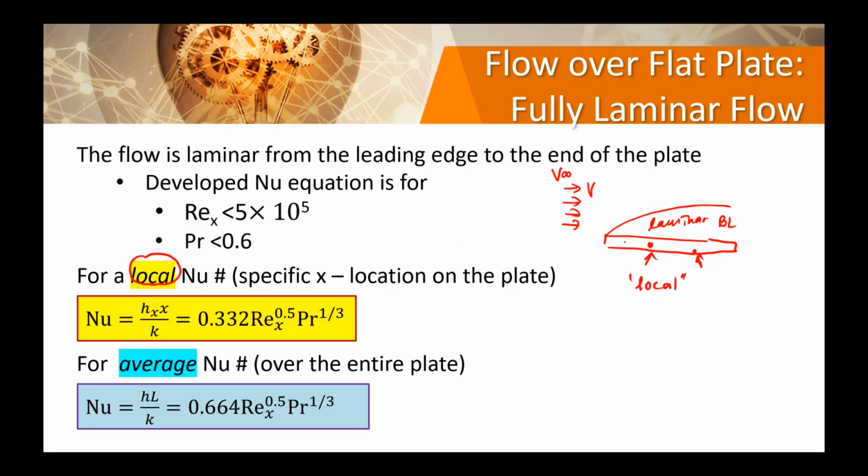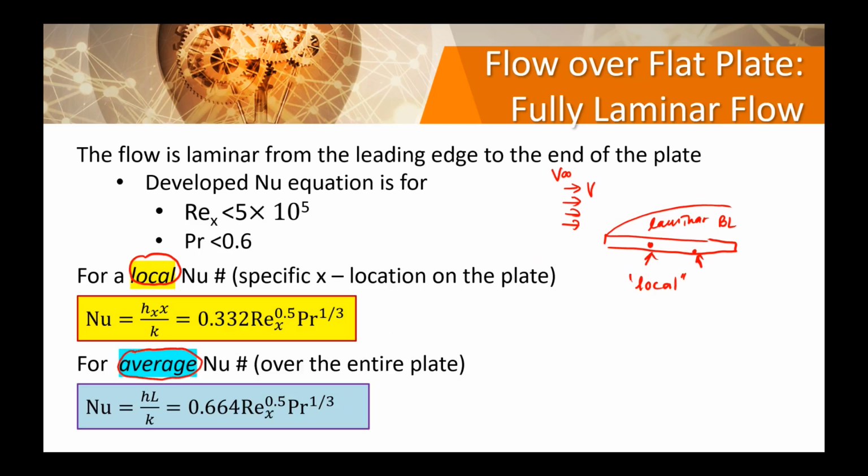Okay, now if you were to go with the second option, which is the analysis of the entire plate, the entire geometry, then you will take the average Nusselt number calculations. Why Nusselt number? Because Nusselt number is what links us to the HTC.